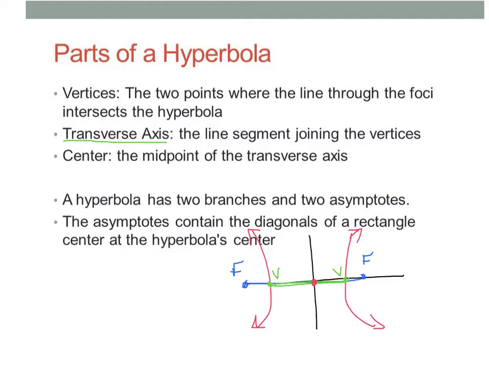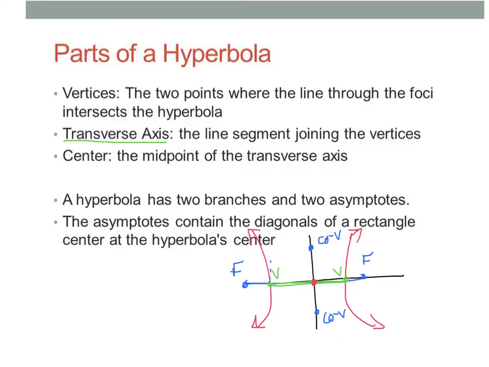And how we get those asymptotes is we draw the diagonals of a rectangle that contains the hyperbola's center. How we get this rectangle is there are still some points out here, and the book doesn't call them co-vertices, but they're very similar to the co-vertices we talked about.